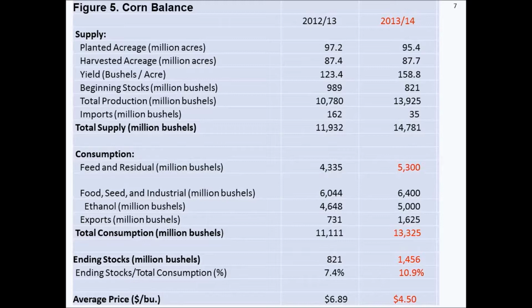While there was no new information in today's reports about the other categories of use, we have to mention that there is some possibility that consumption in the other categories, particularly ethanol and perhaps exports, will be a bit larger than what is currently contained in the USDA's balance sheet.